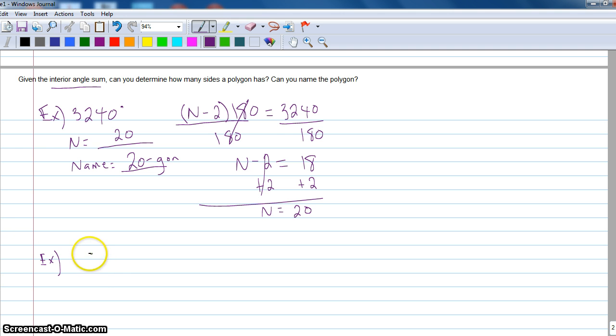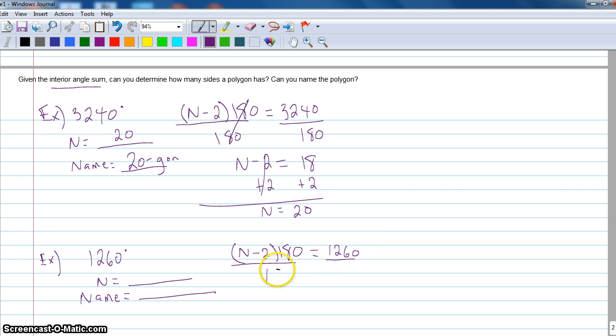Let's say this one is 1,260 degrees. How many sides? And what's the name? Same way. N minus 2 times 180. You know it equals 1,260 because I gave you the interior angle sum.